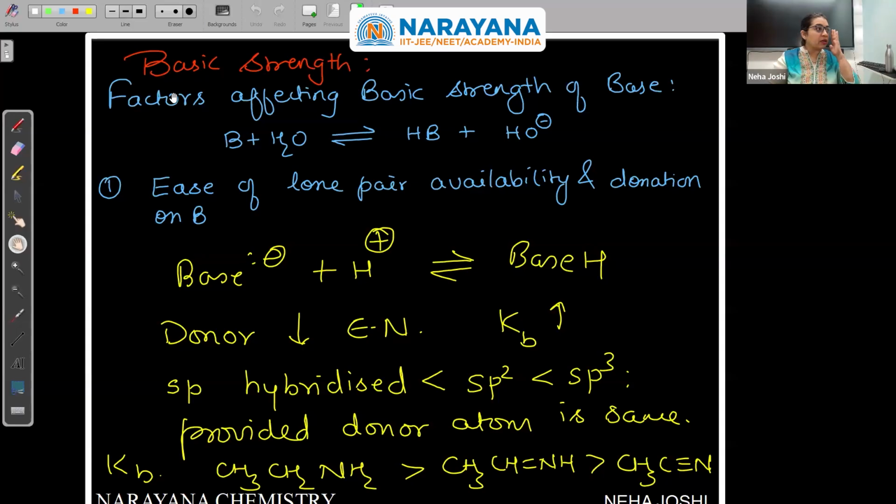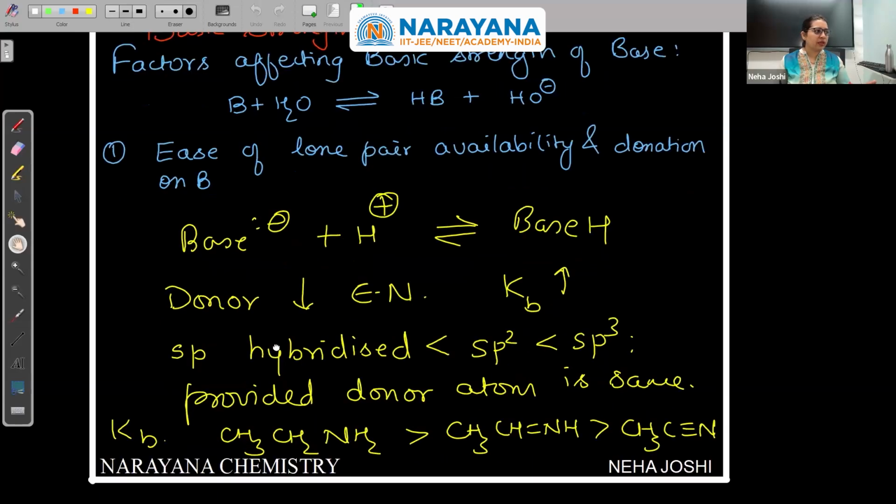So we were talking that we have to compare base strength. What we will be talking about is how to compare compounds' basic strength. In yesterday's slides, I have already discussed what is acid, what is base, how to define them. But now ease of lone pair availability, or capacity to donate that lone pair, will decide whether a compound is a good base or a bad base, or in a comparative set when questions come, you know how it comes, right?